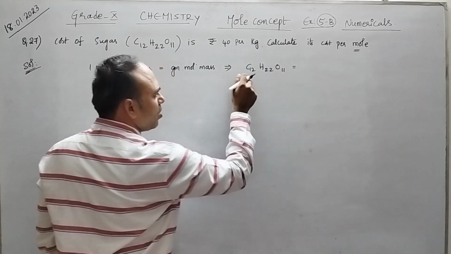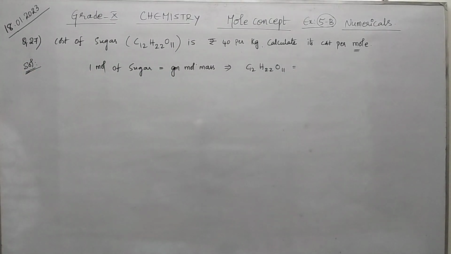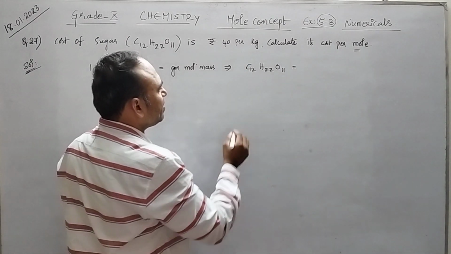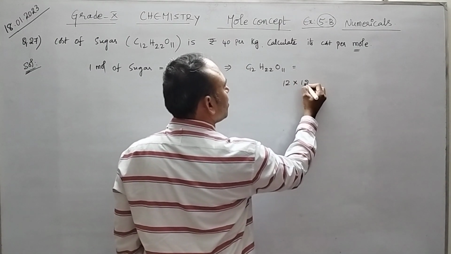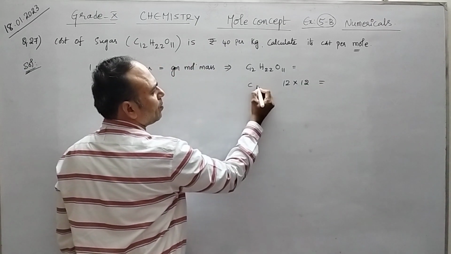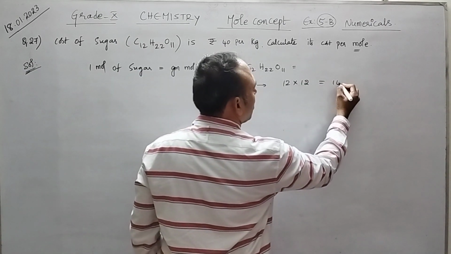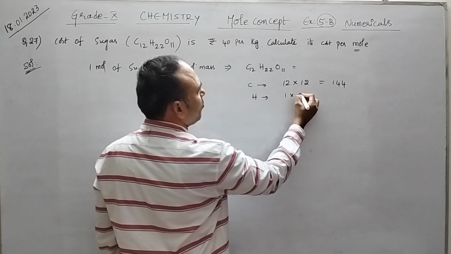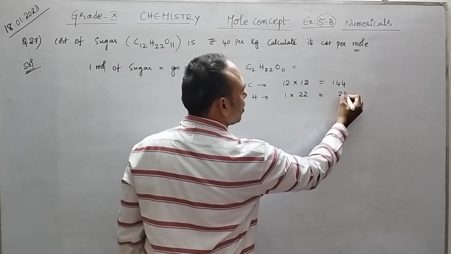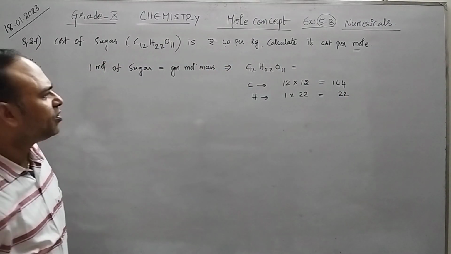C12H22O11. Let us find the molecular mass of this. For carbon, you know the atomic mass is 12, so 12 into 12, 144. For hydrogen, we have 22 atoms, so 22.